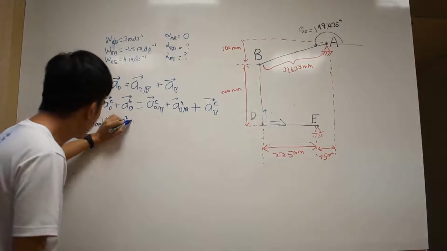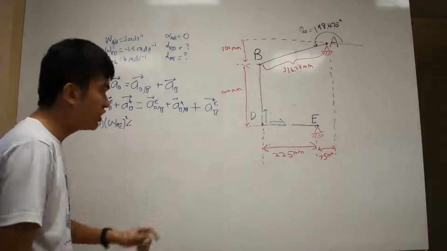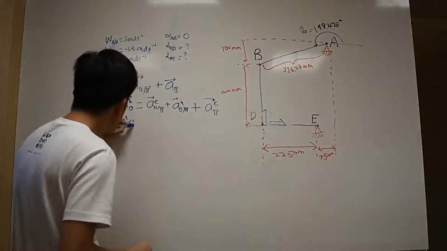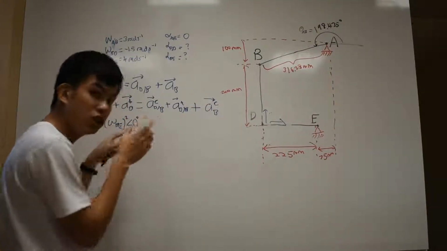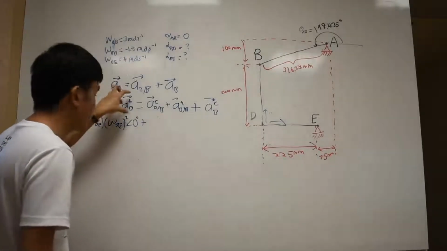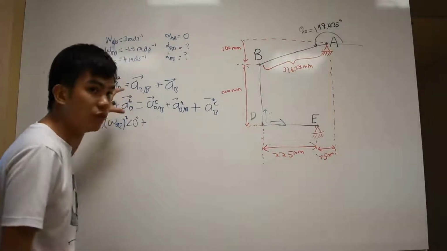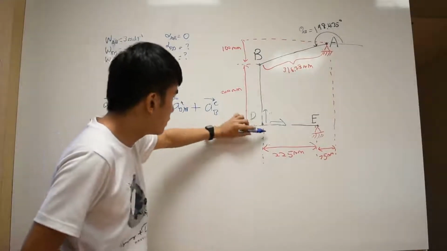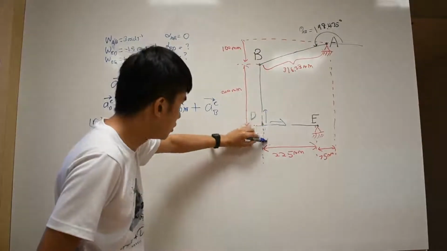The direction for this centripetal acceleration is in this direction, so it is actually 0 degrees. But remember, this is not all. This is only the centripetal acceleration of D. The tangential acceleration of D can be in two directions. It can go up here, or it can go down here.